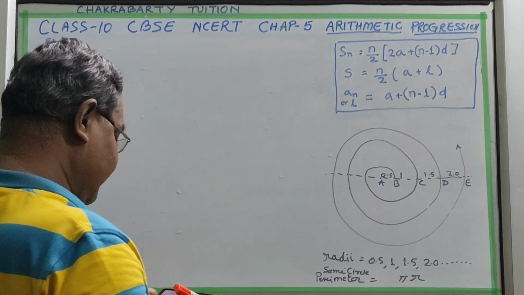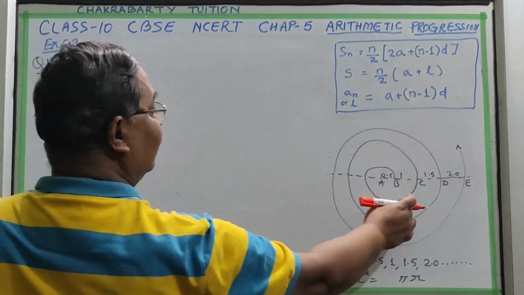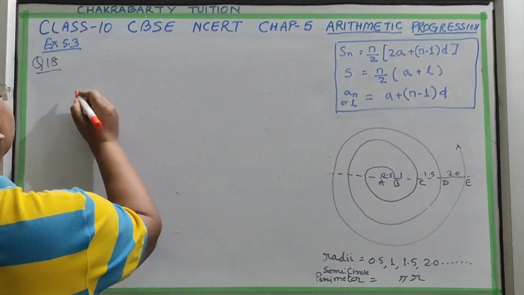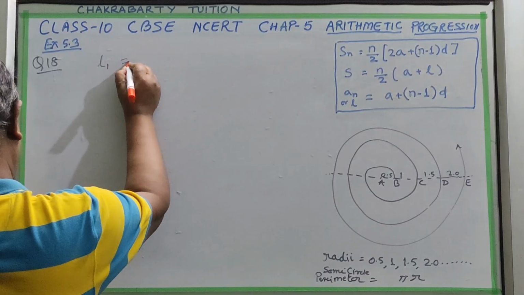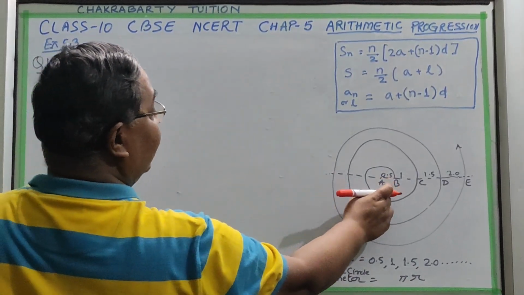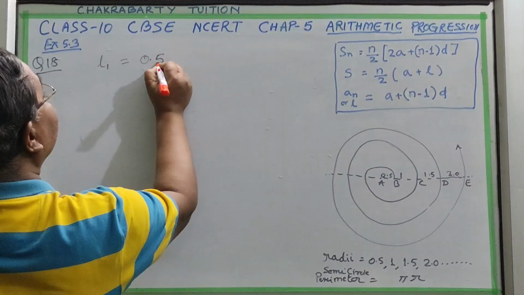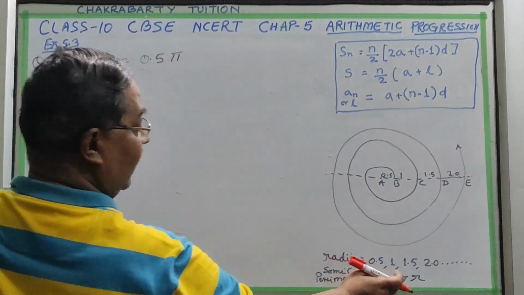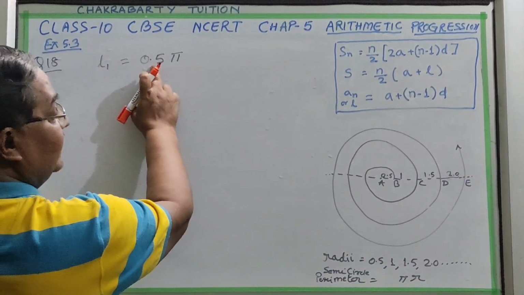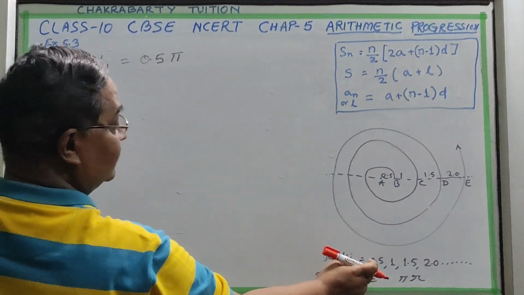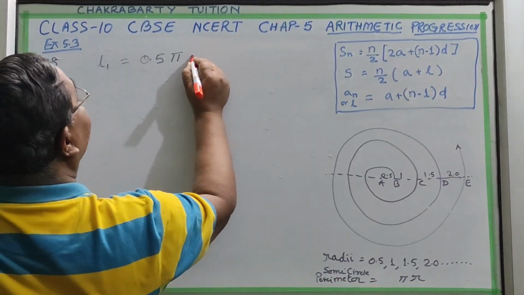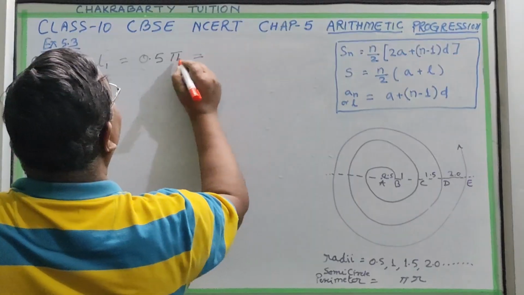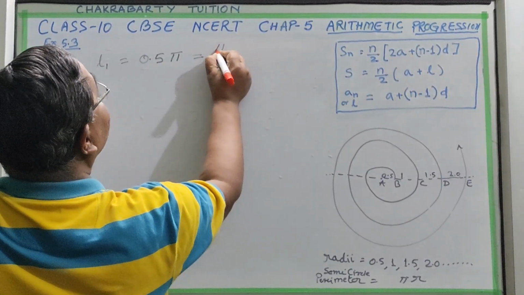In the question, it is given that you presume these lines as L1, L2, L3. So suppose L1 has radius 0.5, and its length will be pi r, because your formula is pi r. So length will be pi into 0.5, and we can write it as pi by 2.